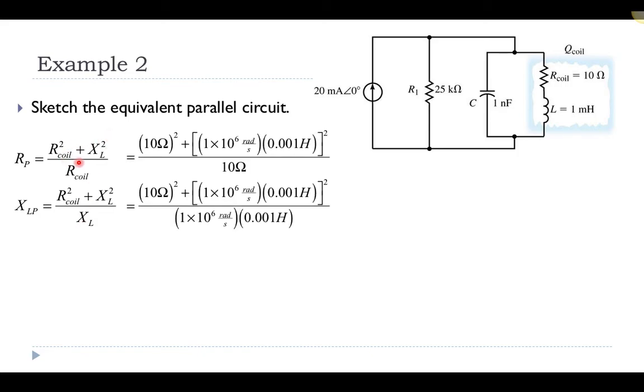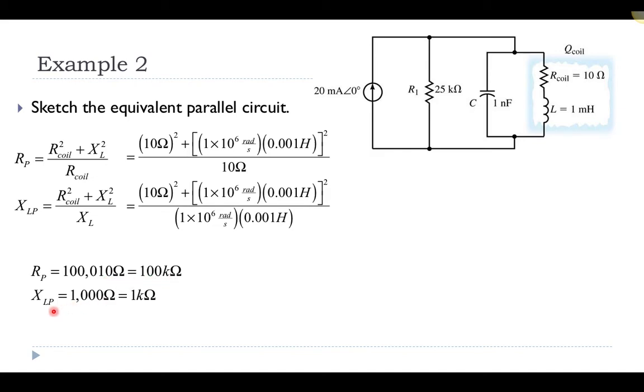So my coil resistance is 10 ohms squared. I can put my reactance in here and divide by my resistance to get my parallel resistance, equivalent resistance, and I can do the same thing for my inductor, and I can find the inductive reactance that would be in parallel. And I end up getting, for the resistive piece, that it's about 100,000 ohms or 100 kiloohms.